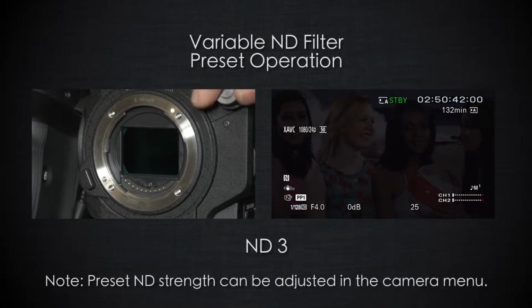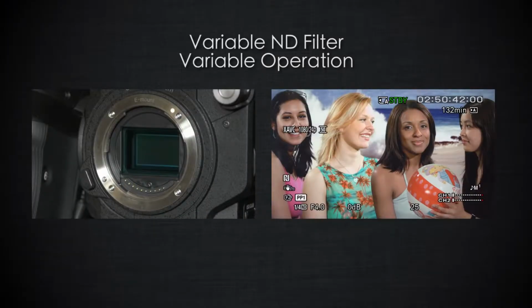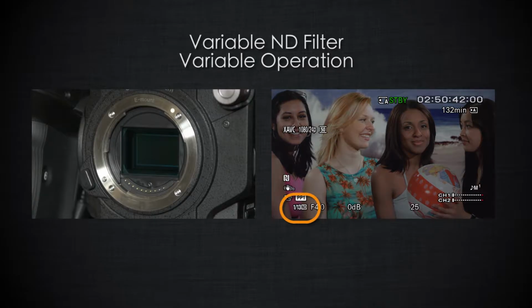But the really clever thing that you can do with this camera is, when we have the ND filter engaged, we can switch this switch from preset to variable, and then using this adjustment here we can vary the ND filter in its intensity or its strength.